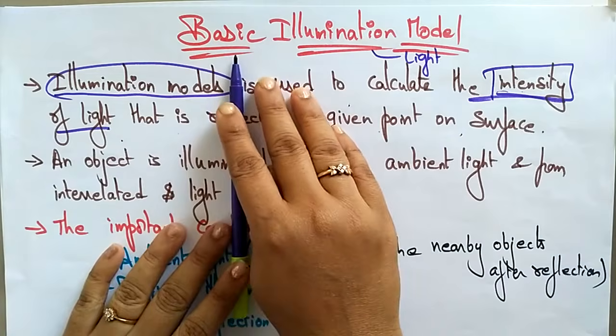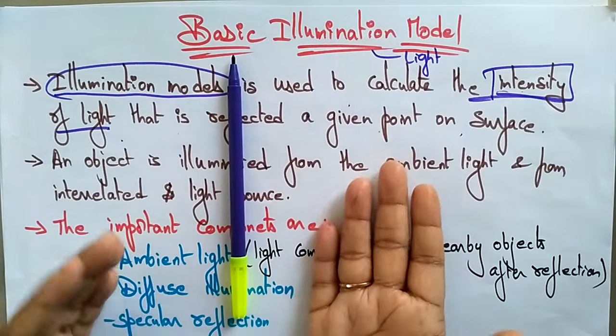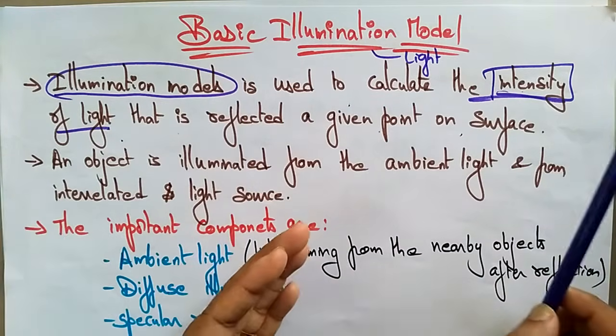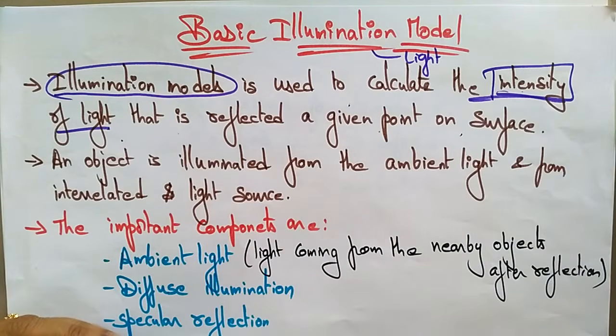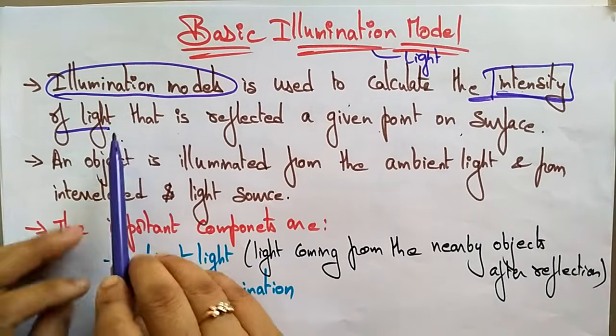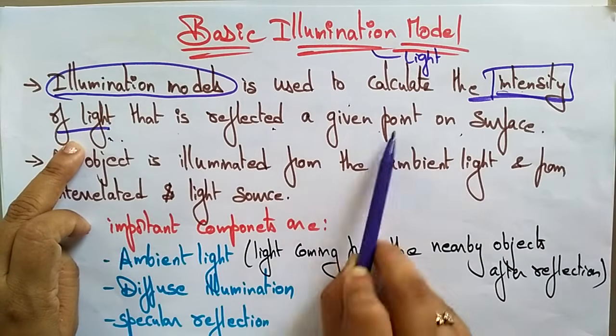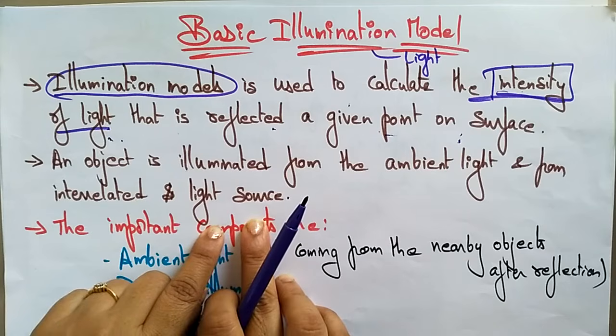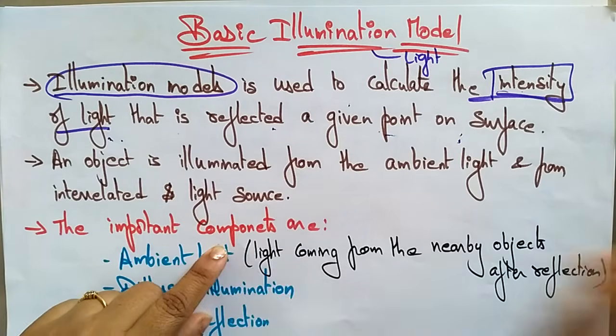Here I have taken a pen. Suppose I take a mirror, or a light-absorbing transparent paper. So if I take different items and place the light on those different surfaces, or objects, whatever they may be, the intensity of the light is reflected at a given point on the surface. Whenever light is reflected, say from paper, different models will appear. Those are the illumination models.